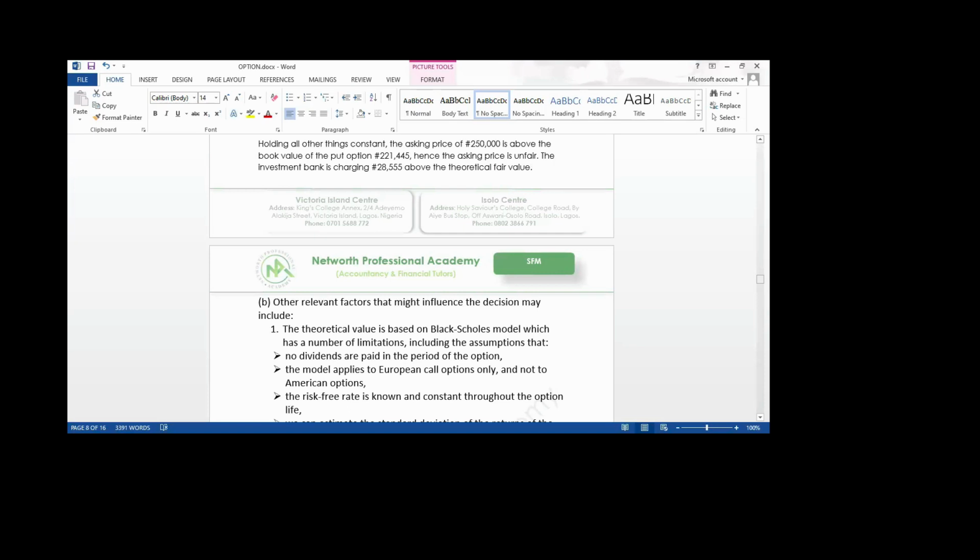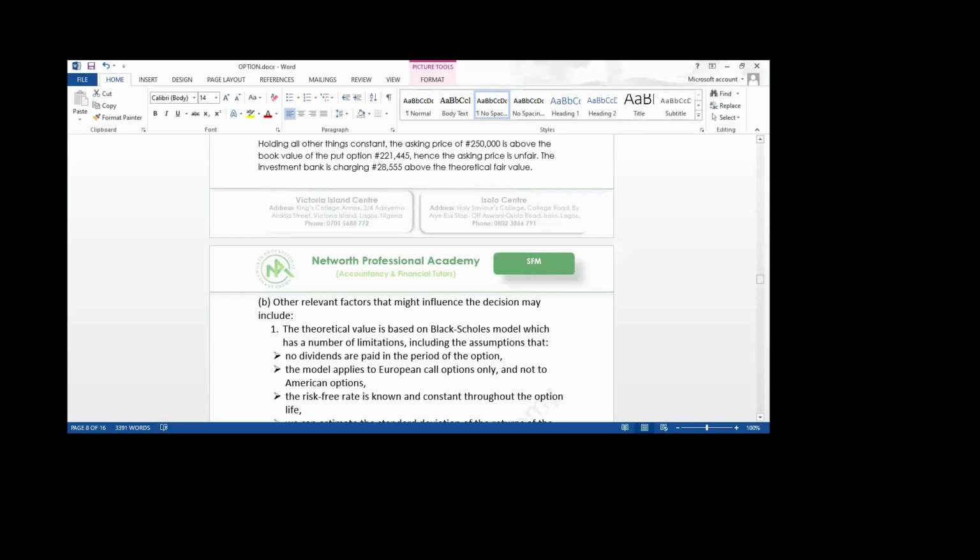One, the theoretical value is based on the Black-Scholes option pricing model, which has a number of limitations.